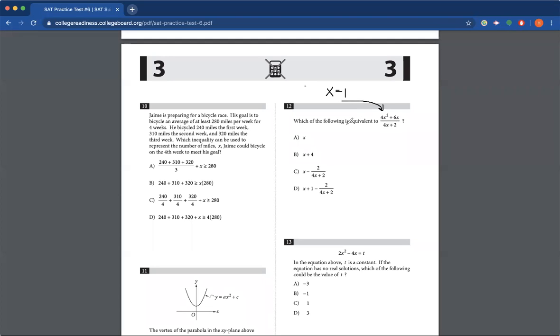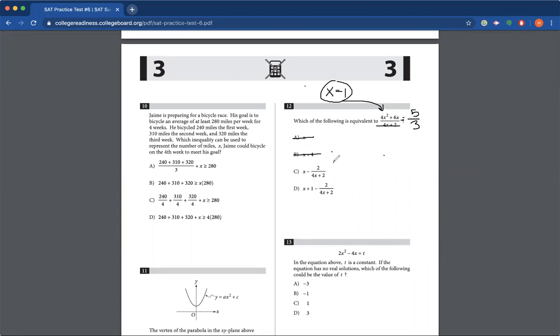Because remember, which of the following is equivalent? If I plug in 1 over here and get a number, which we all saw was 5/3, then if I plug in 1 in the answers, they should also equal 5/3 in order to be equal to that fraction. If I plug in 1 over here, this is not equal to 5/3. When x equals 1, I do not get 5/3. Neither do I get 5/3 from here.